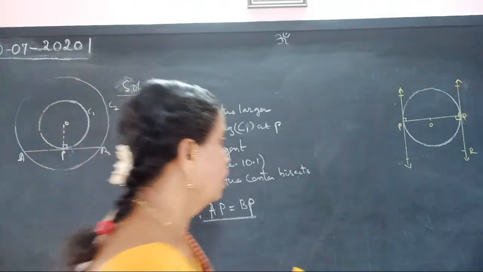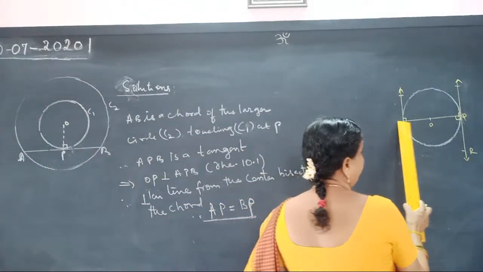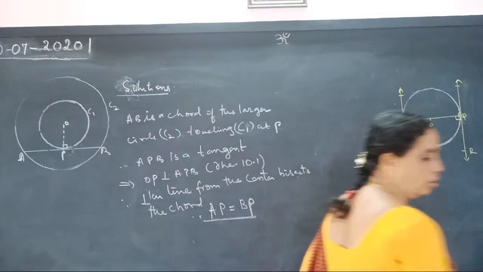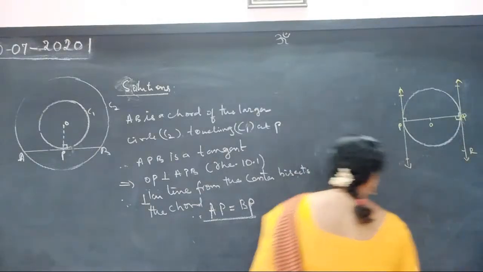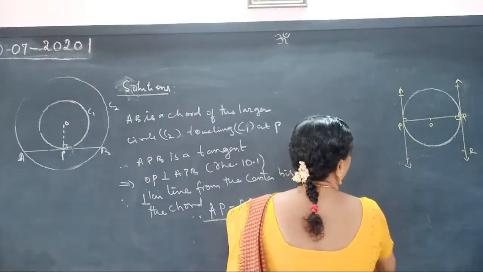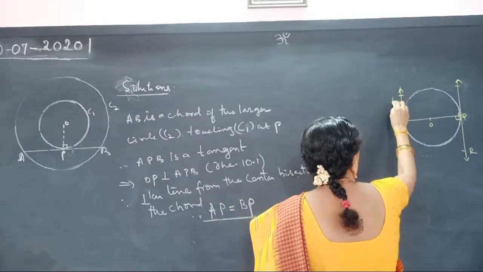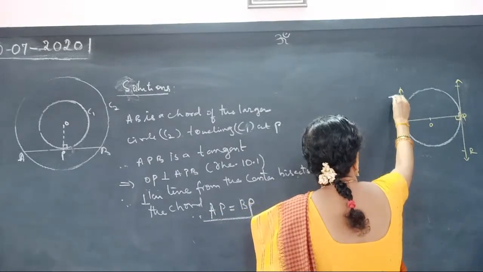The tangents drawn at the extremities of a diameter, or ends of a diameter, are parallel. You have to prove PT is parallel to QR.